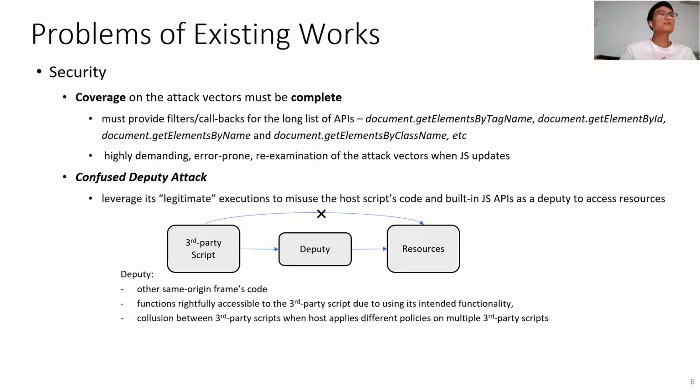In this attack, the third-party scripts can leverage their legitimate execution to misuse the host script as a deputy to access the resources. The deputy may be some other third-party script or function that rightfully has access to the resources, and the third-party scripts may collude, so one script can use another script as a deputy to breach the restriction.